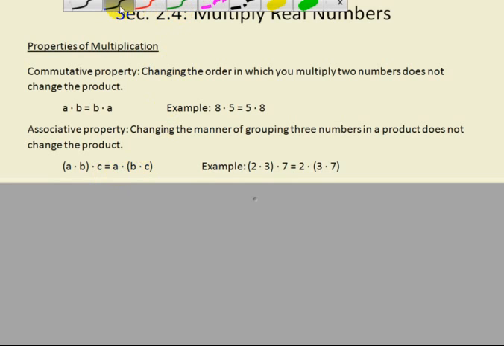So as an example, we can look at 2 times 3 within parentheses would give us 6, and then we're going to multiply that times 7, which will equal 42. Or if we had instead grouped the 3 times 7, that would tell us to take 3 times 7 first, which would give us 21, and then 2 times 21 still gives us an answer of 42.